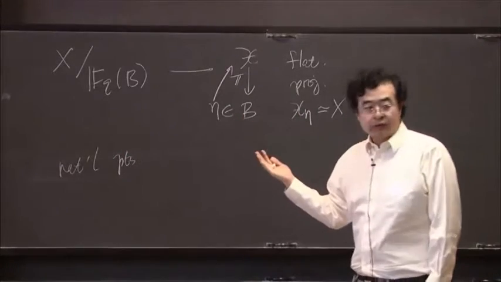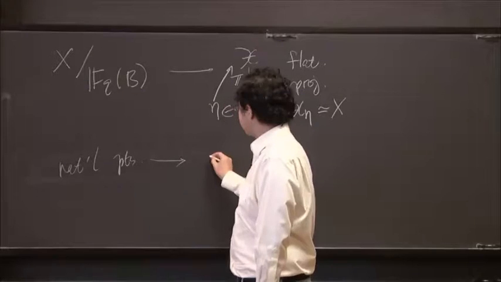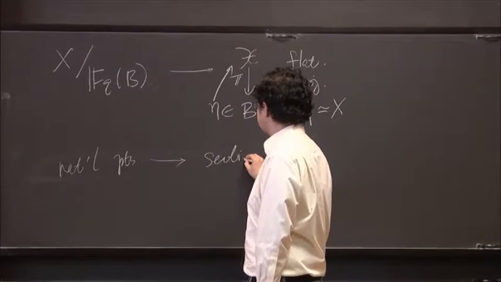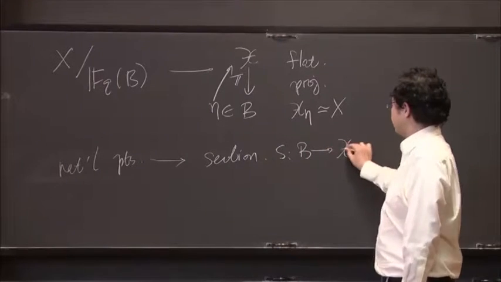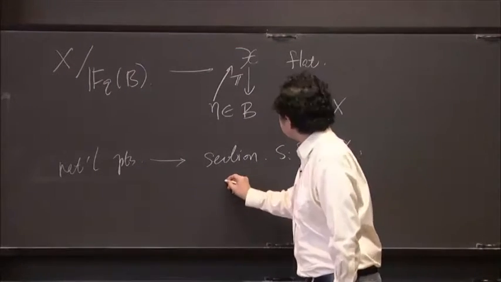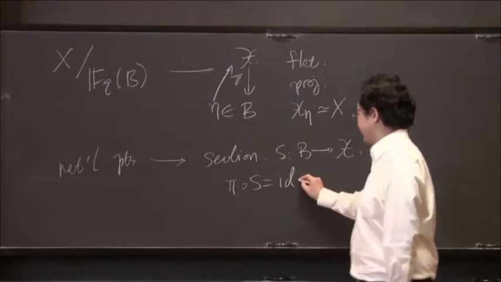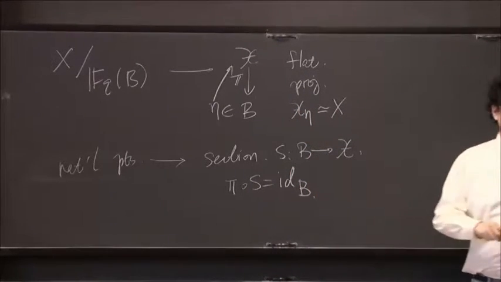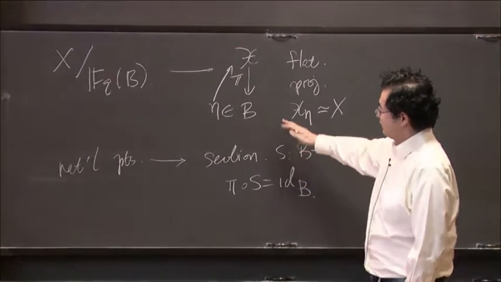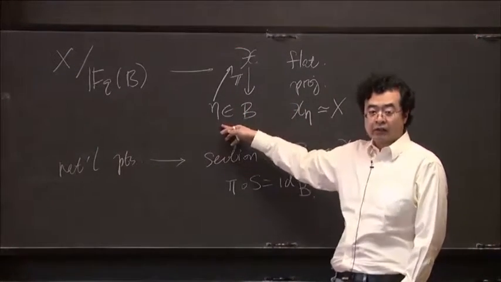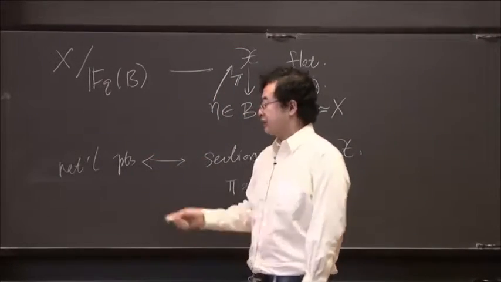By the valuative criterion of properness, this gives you a section from B to the total family. So I have the composition with the projection is the identity on B. And conversely, if you have a section, you can always restrict the section to the generic point, so you recover the rational point. This is actually one-to-one.